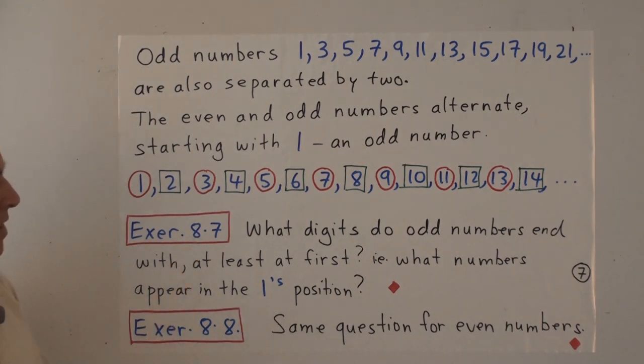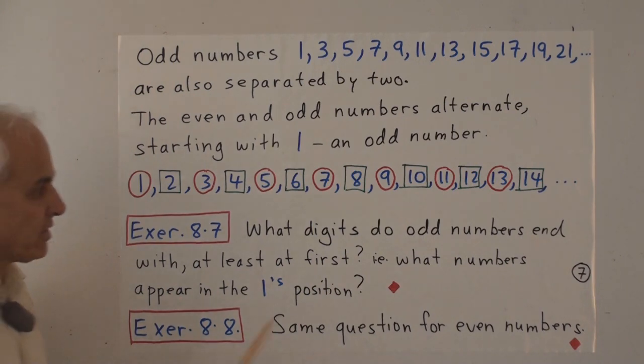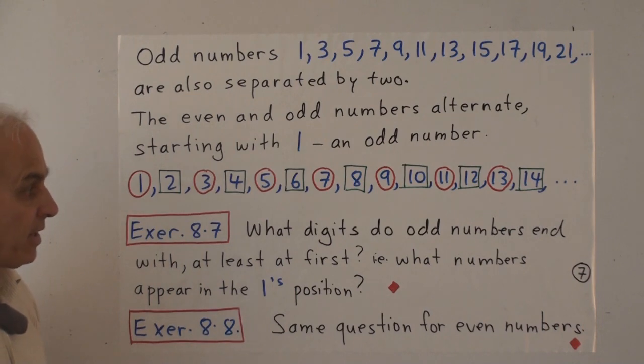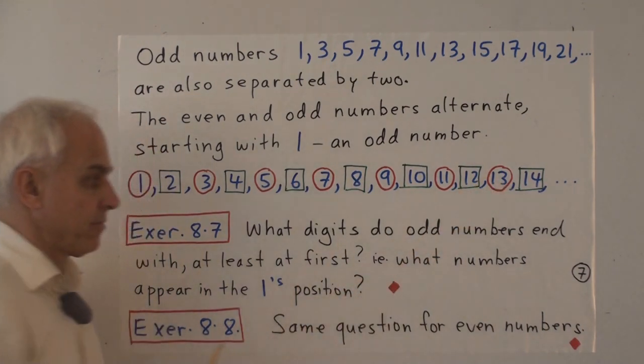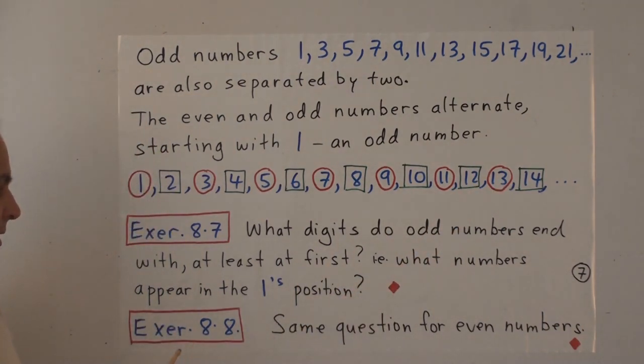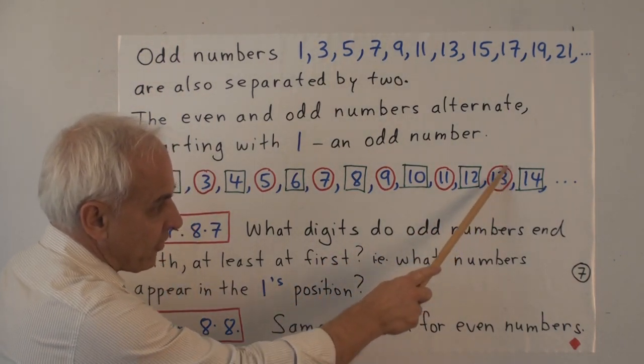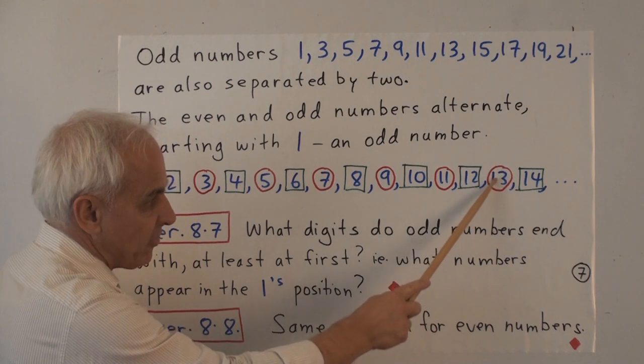Here's a little exercise. What digits do odd numbers end with? For example, this odd number, 13 or 10-3, ends in a 3. So that's the number in the ones position. Remember, this is the ones position, this is the tens position.